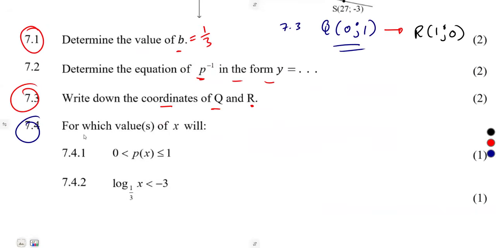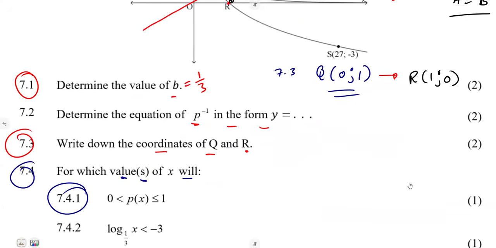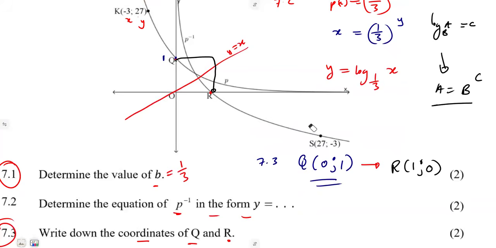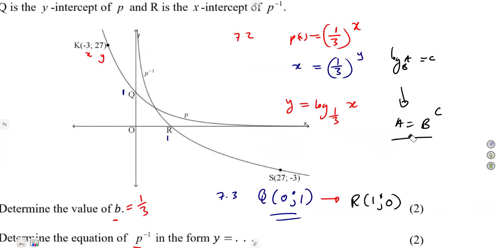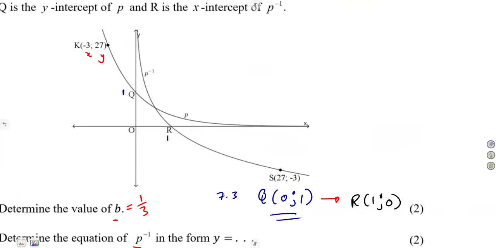Then 7.4: for which value or values of x will 7.4.1, P(x), be greater than 0 but less than or equal to 1? This one, we can simply look at in the graph. Let us consider our graph here. Remember, this is 1. This is also 1. Guys, please download the question paper so that you properly see these questions, especially when I move along the page like this.